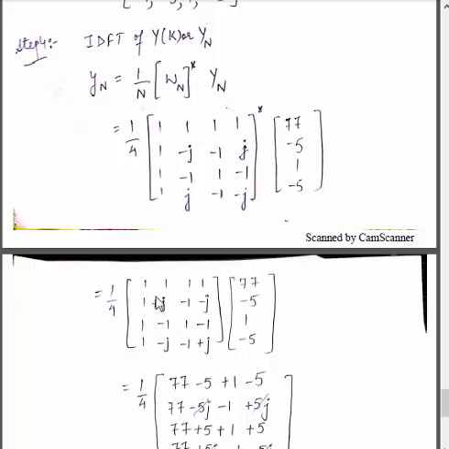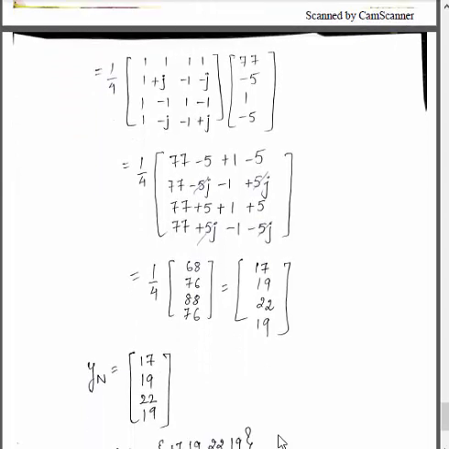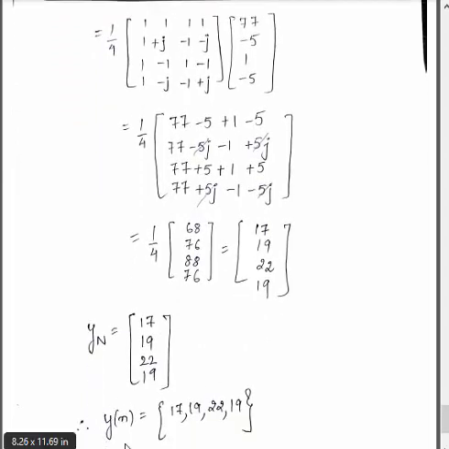Now by solving this matrix by rows and columns multiplication, element by element multiplication, it becomes 1 by 4 of 68 76 88 76. So by dividing by 4, it becomes 17 19 22 and 19. This is y of n, that is the IDFT of Y of k. So y of n is 17 19 22 19.